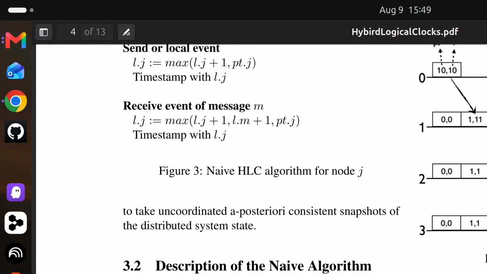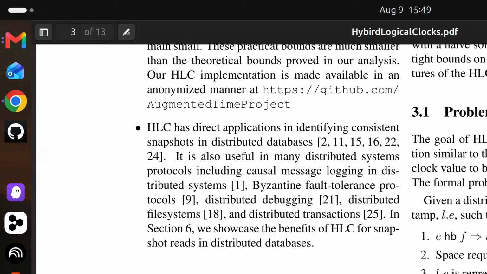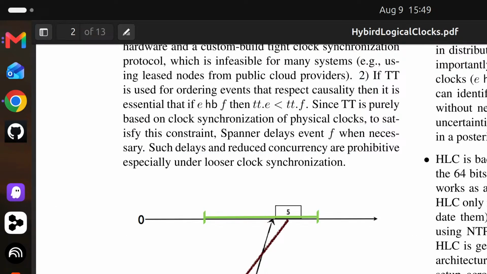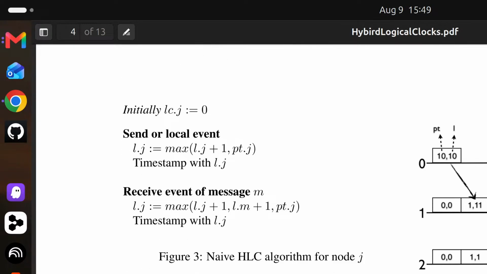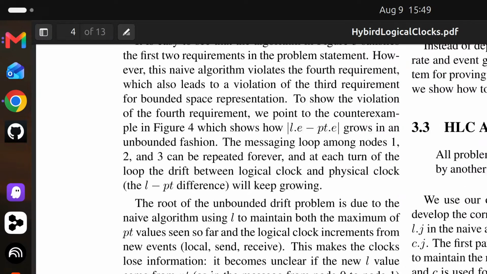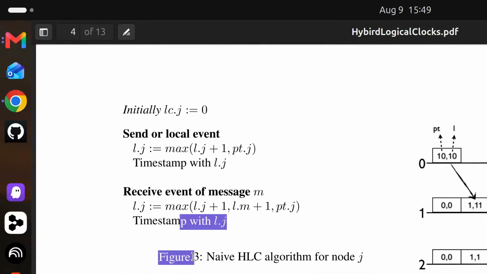Why? Because we want to escape the uncertainty interval. We design our algorithm as follows in figure 3.